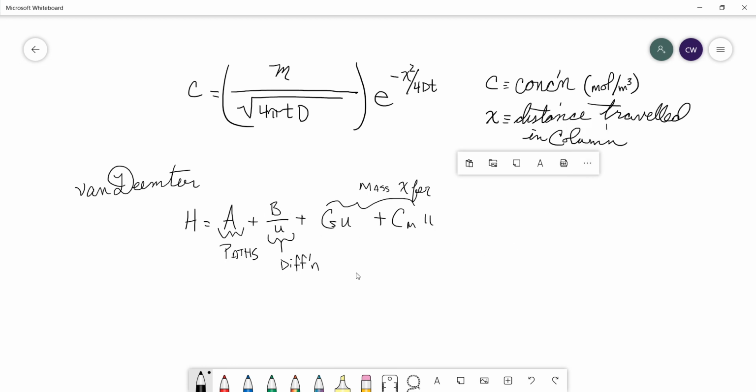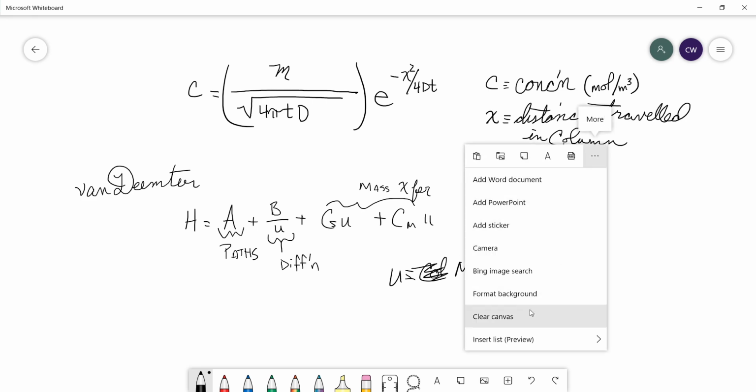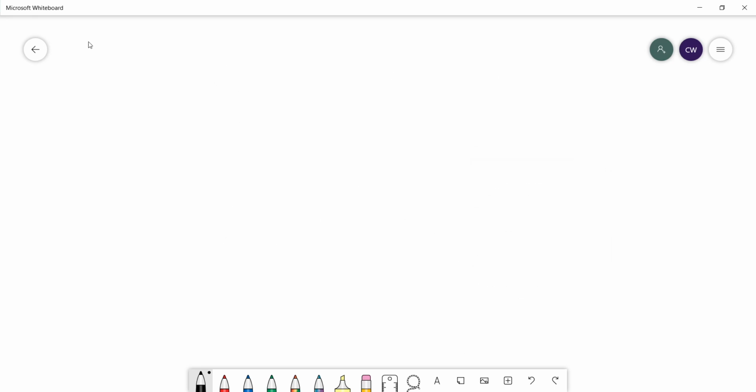And remember that U here is going to be the column flow rate, or the mobile phase flow. So we can minimize diffusion by ramping up that flow rate, but then we enhance mass transfer problems. So we'll deal with each of these in turn. I'm just going to keep the Van Deemter equation up here.